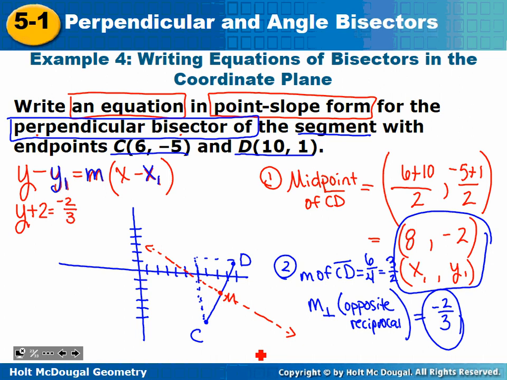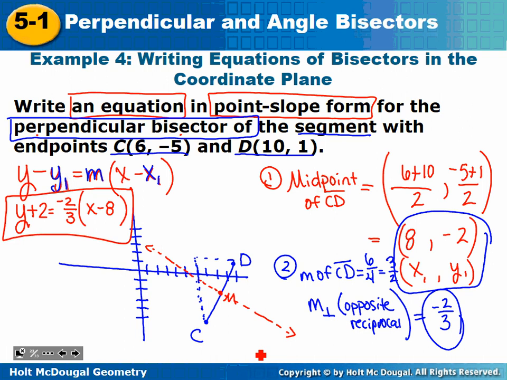Make sure it's the opposite reciprocal slope. And then what are we going to have in parentheses? X minus 8. And this is the equation of the line that if we were to graph would be perpendicular to the line CD and it would bisect CD. It is our perpendicular bisector. Questions on the perpendicular bisector theorem, angle bisector theorem, or how to come up with this equation?